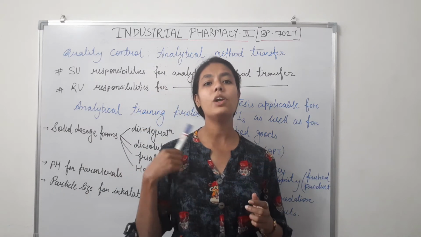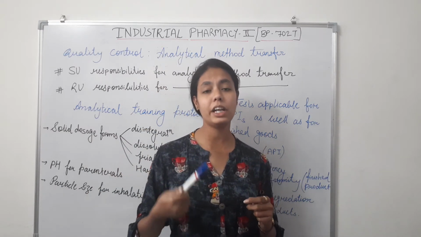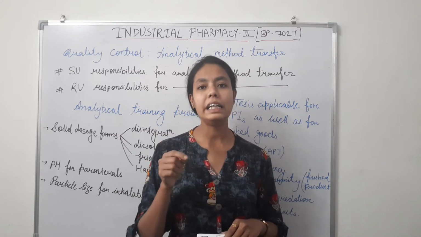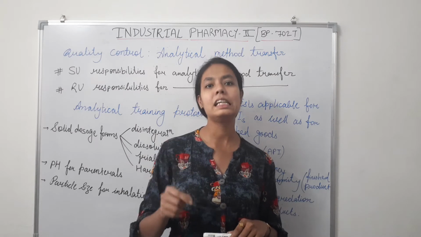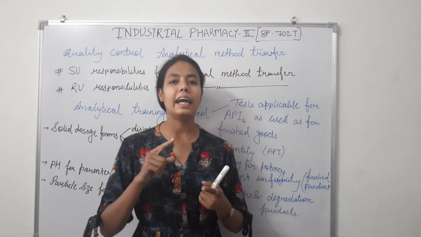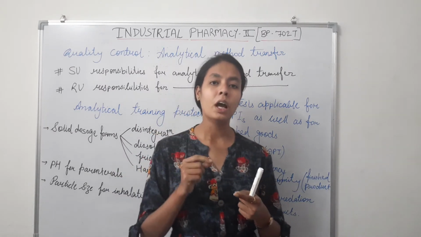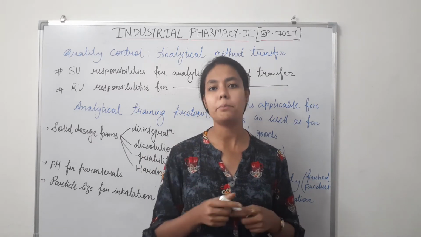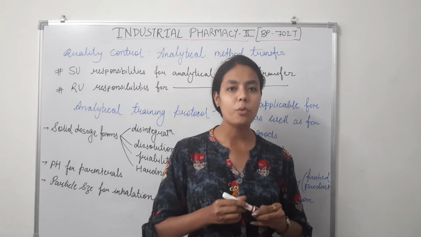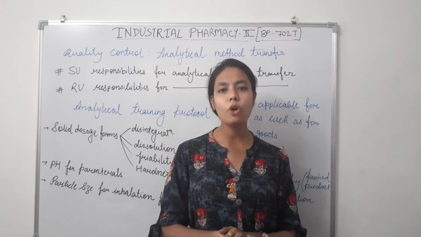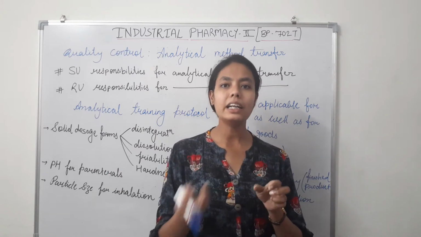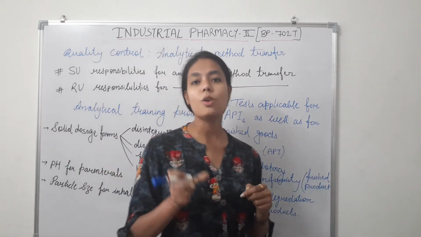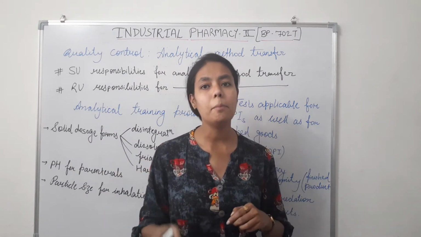The sending unit should also assist in analysis of quality control testing results, define the experimental designs, sampling methods and acceptance criteria, and provide any validation report for the method under transfer and demonstrate the robustness of that particular analytical method.